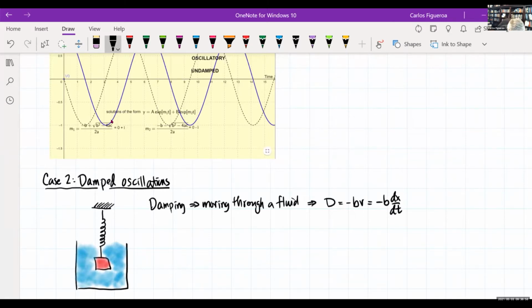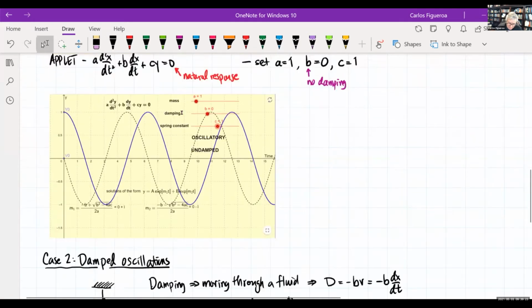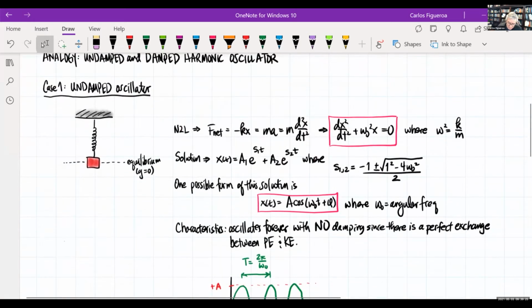So now if I go in and apply Newton's second law, what you're going to find here is that our net force now has 2 terms. It has a spring force, and now there's this damping term, and that equals mass times the acceleration. So in a very analogous way, if I look at the solution, it's got to be the same type of solution.